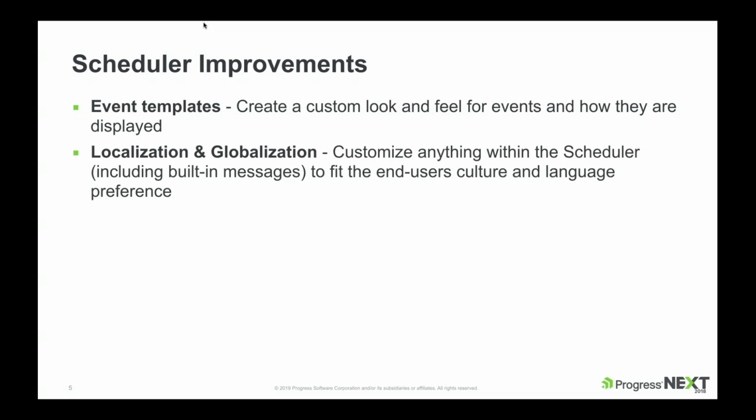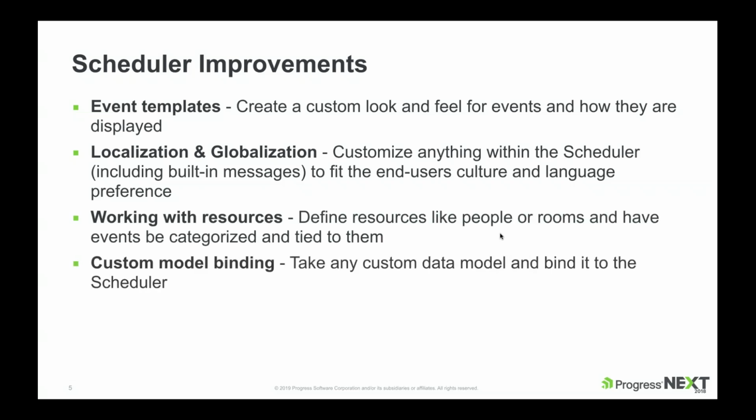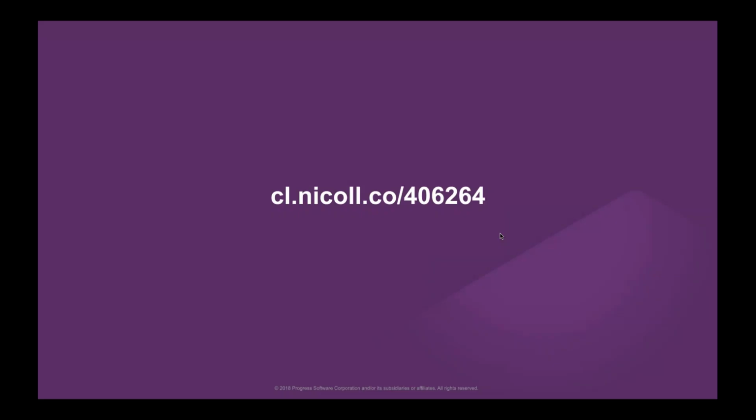We have localization and globalization, to customize anything within the scheduler, including built-in messages, to fit the end user's culture and language. We also have working with resources: define resources like people or rooms, and have events be categorized and tied to them. And custom model binding, to take any custom data model and bind it to the scheduler.